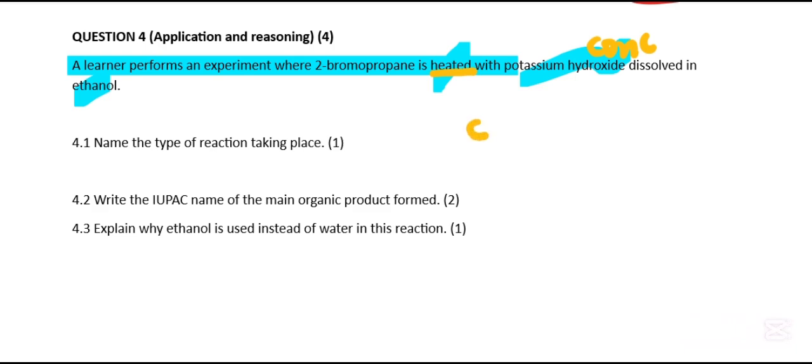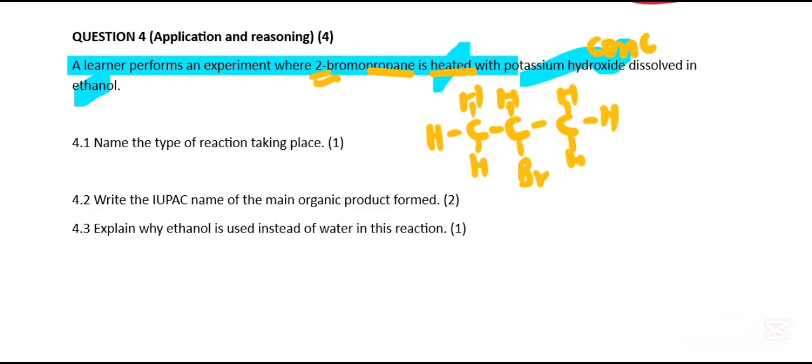So we have propane, 1, 2, 3, with hydrogen atoms, and on carbon 2 there is a bromine. Now we react it with concentrated potassium hydroxide.